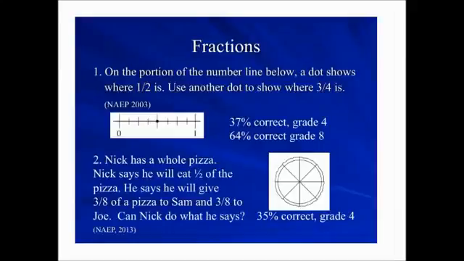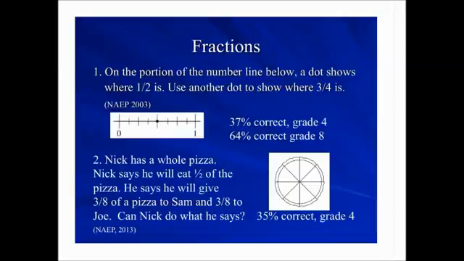And you wouldn't be surprised by these results from the National Assessment of Educational Progress. This happened in 2003 with 4th and 8th graders. They really couldn't even find where 3/4 was on a number line. And then in 2013, only a third of the kids in grade 4 could figure out the answer to this pizza problem about how they should divide things.